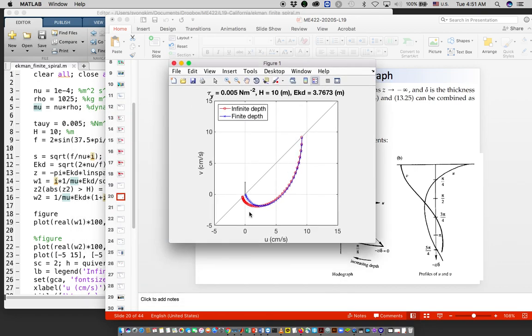So keep in mind they have a slight difference between finite and infinite depths. You might think of an Ekman depth estimate of 3 point something. So water depth is 10 meters, for example, and Ekman depth is shallower than that, right?